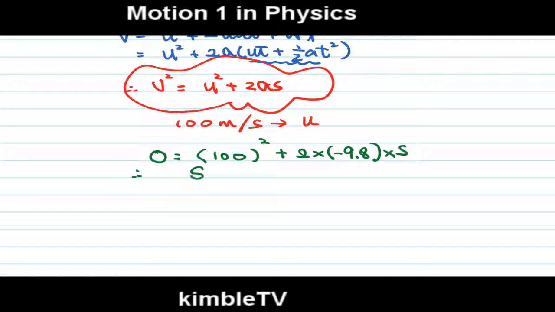Therefore, s equals 10,000 over 2 times 9.8.